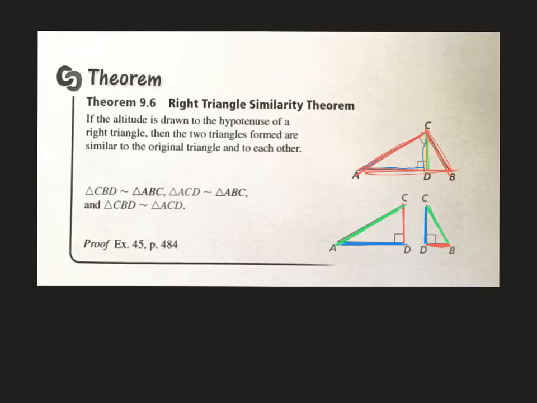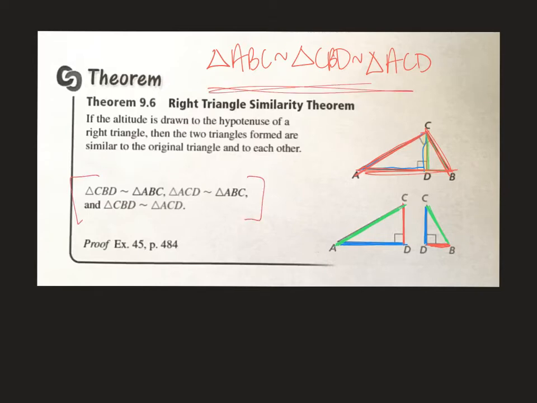You could write them separately like they did here, or you can write them all as one whole similarity statement: triangle ABC is similar to triangle CBD, which is also similar to triangle ACD. They're all similar to each other.